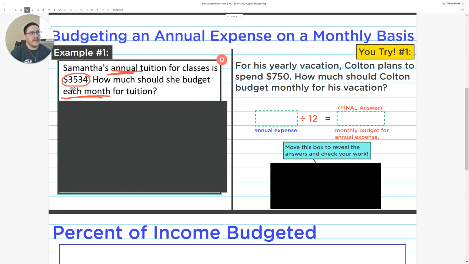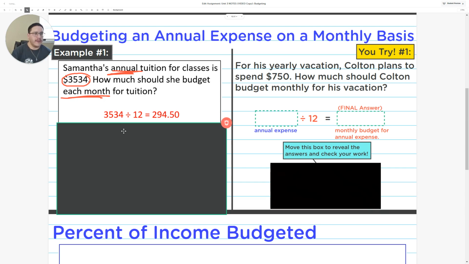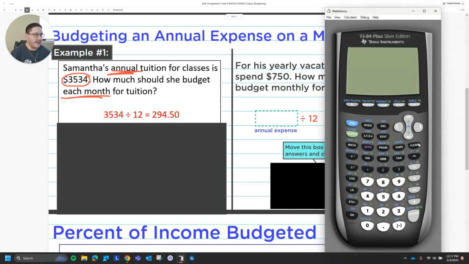So we take this value, the annual tuition for class, $3,534, and divide it by how many months there are in a year. So we take $3,534 and then divide that by 12. Plug that into the calculator. 3534 divided by 12.